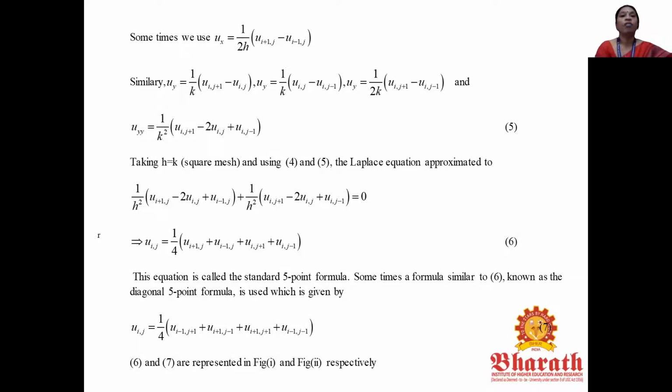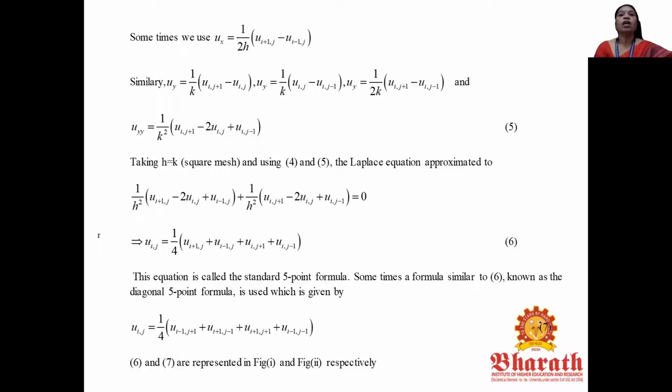That is, u of i comma j is equal to 1 by 4 into u of i plus 1 comma j plus u of i minus 1 comma j plus u of i comma j plus 1 plus u of i comma j minus 1. This is equation number 6.